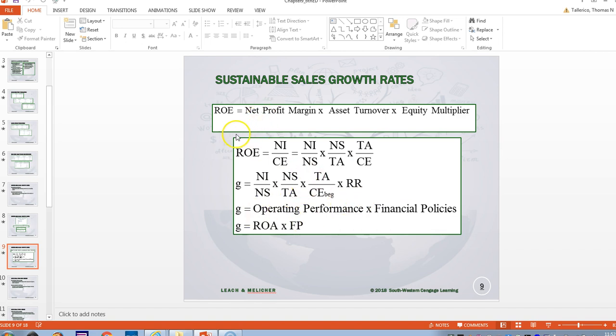So return on equity is equal to these 3 ratios from chapter 3: net profit margin, asset turnover, and equity multiplier, and here's that retention ratio. The other way is return on assets times your financial policy. So there's about 8 different ways to get your sustainable growth rate, and that's the main emphasis in this chapter. So all these should be on your sheet.